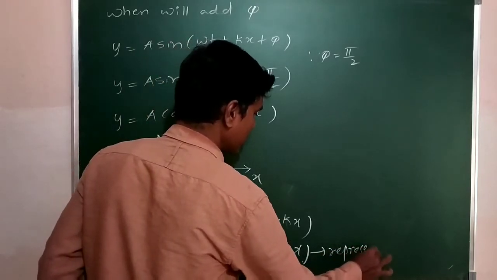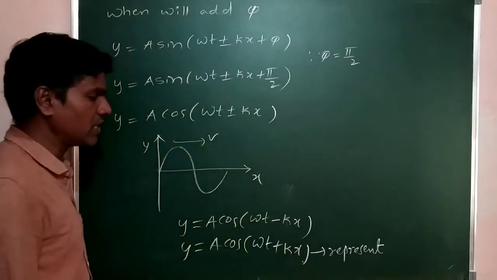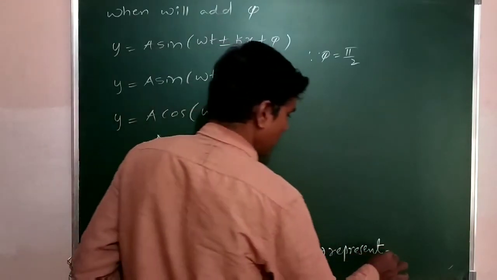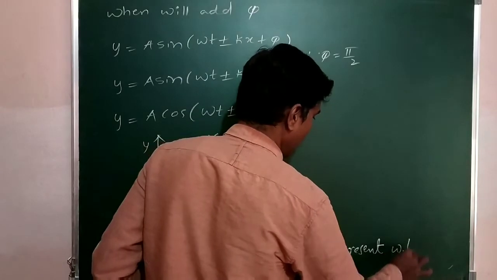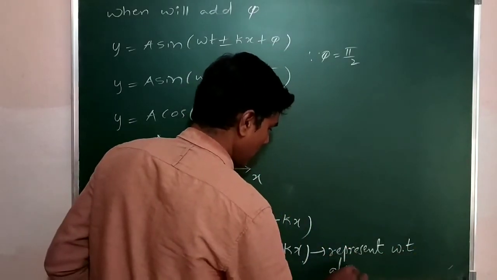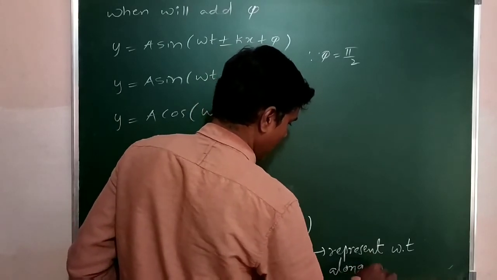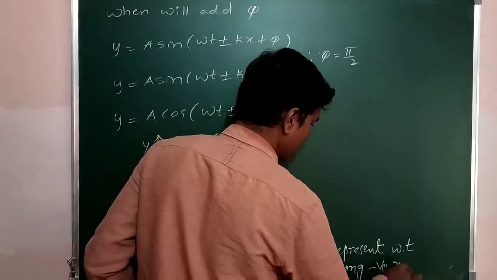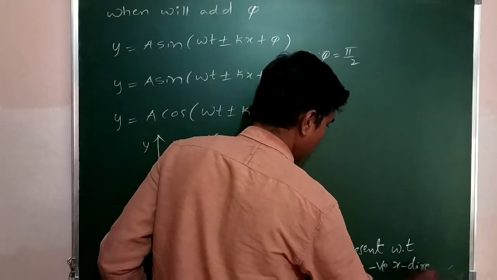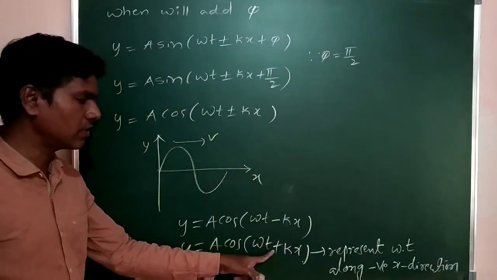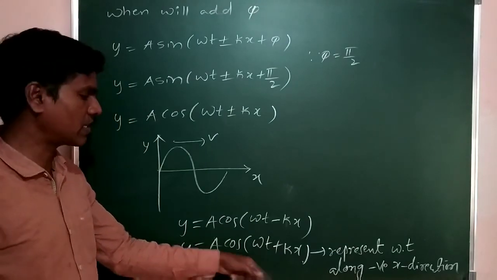This wave equation represents a wave traveling along the negative x direction. If the plus sign is mentioned, it moves along the negative x direction.